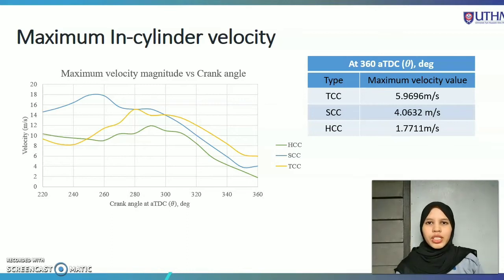Due to the shape and reentrant curve of the TCC model, there will be an increase of angular velocity and swirl velocity. This high velocity of air swirl generated by the TCC model may be helpful for the air-fuel mixing process.